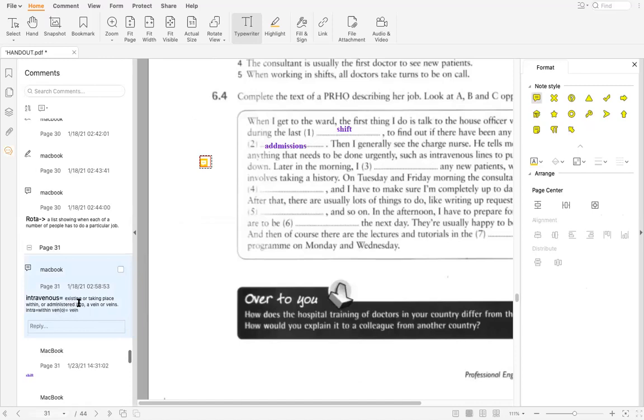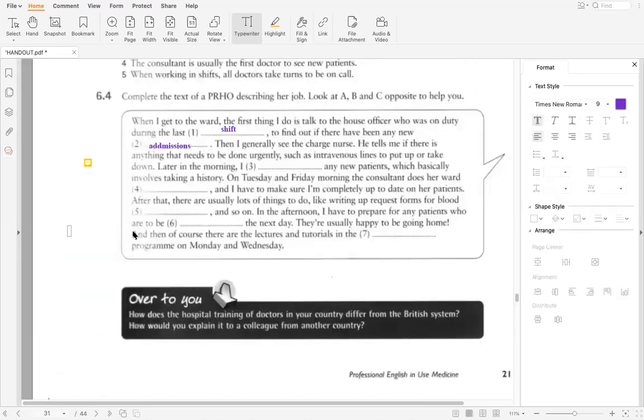So intravenous means existing or taking place within or administered into a vein or veins. All right, because intra means within and veno means vein. So she checks if any of the patients need intravenous lines to put up or take down.